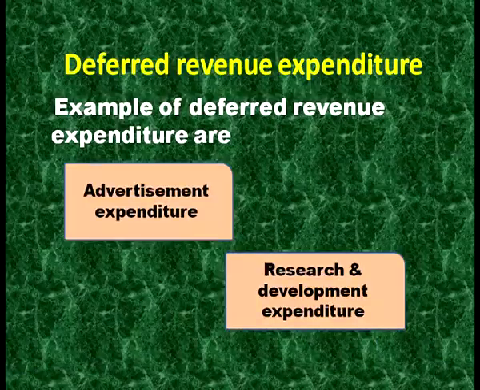So, only a part of that expenditure will be shown as an expense in that particular year, and the expenses will be written off over a period of time till the time the benefits accrue for the advertisement expenditure. Same way, research and development expenditure, we spend a lot of amount on research and development, the benefit is likely to accrue for a longer period of time. So, these kinds of expenditures are termed as deferred revenue expenditure.